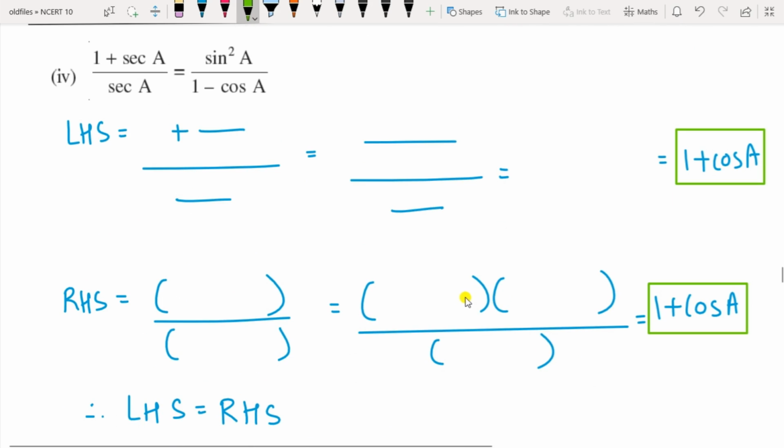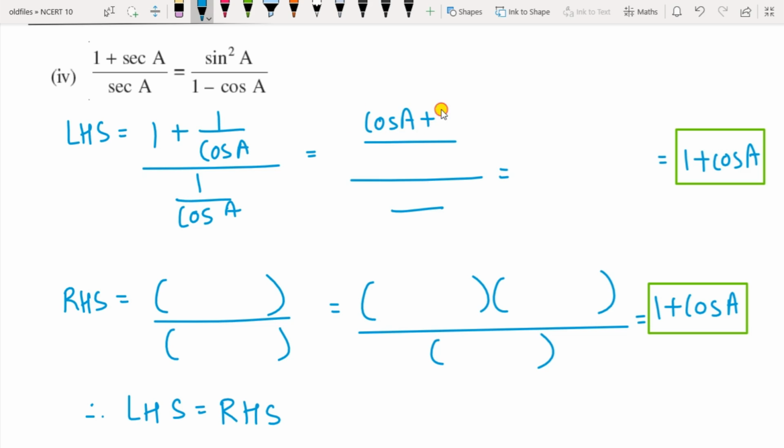Fourth question here is 1 plus sec a upon sec a equal to sec square a upon 1 minus cos a. Sec means you have to write it as 1 plus 1 upon cos a, and here also 1 upon cos a. Take the LCM, so it will be cos a plus 1 upon cos a and 1 upon cos a.